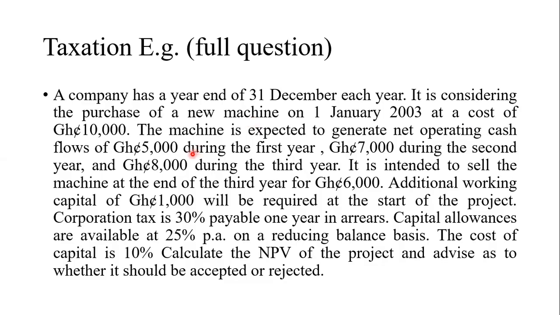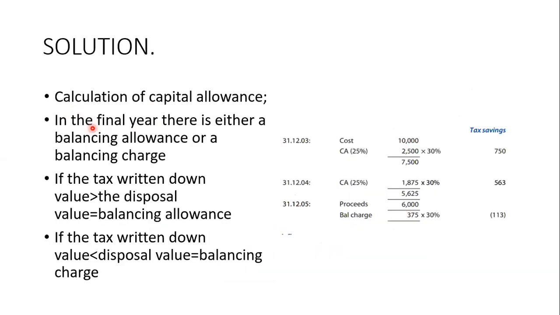We're told that capital allowances are available at 25% per annum on a reducing balance basis. So on a reducing balance basis, and this would be on the equipment, the cost of the equipment, this is how the calculation is done.